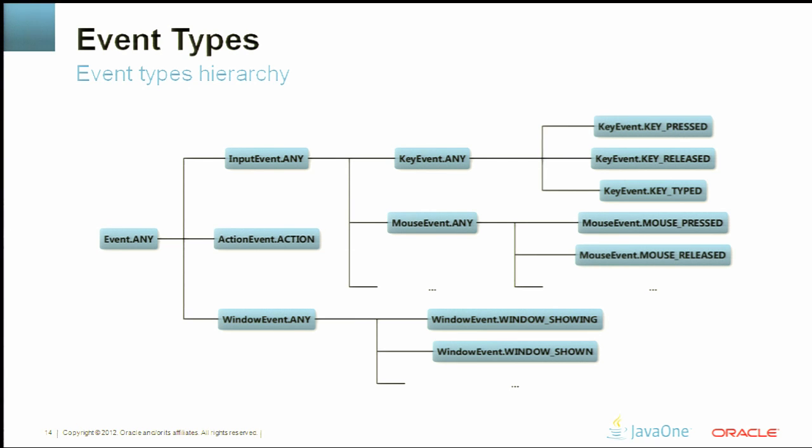And then from input event any, the subclasses are key event any, and then key event key press and so on. This means that you can actually register your handler for all key events, or for all input events, or for all events.